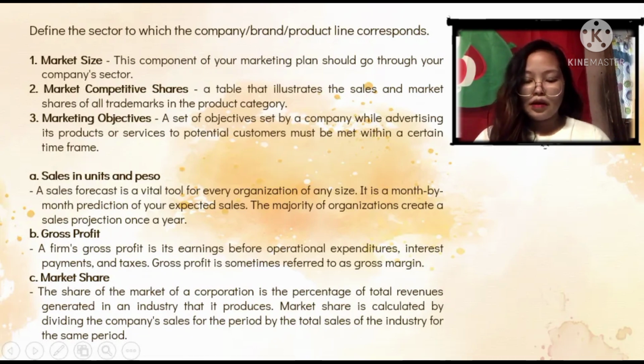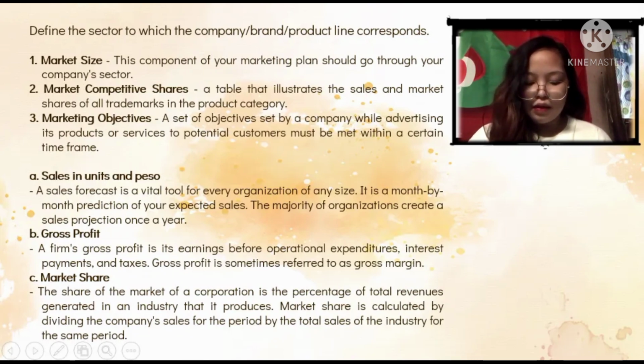Letter B. Gross profit. A firm's gross profit is its earnings before operational expenditures, interest payments, and taxes. Gross profit is sometimes referred to as gross margin. Letter C. Market share.